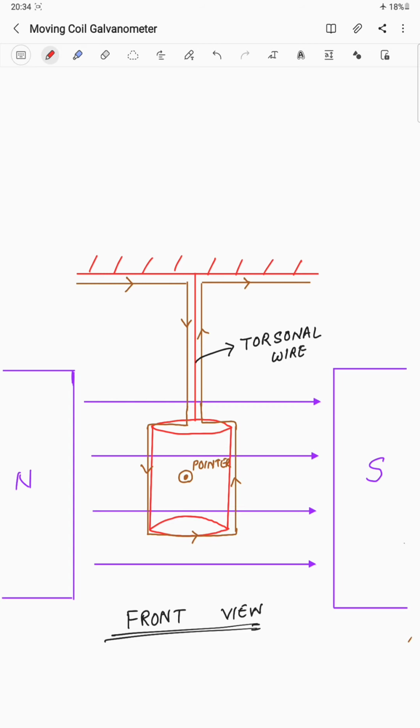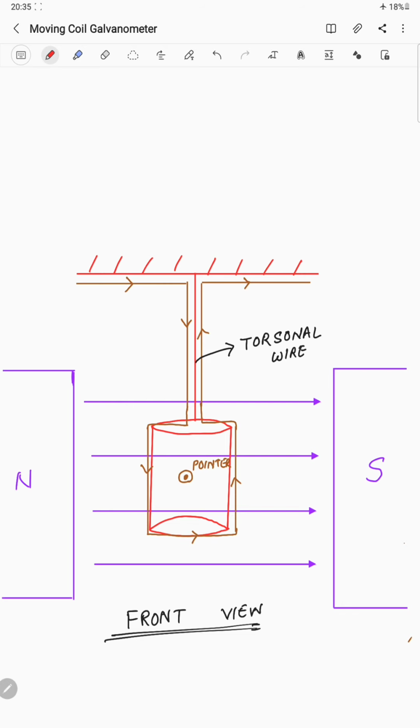These produce the magnetic field, and inside the magnetic field, using a torsional wire, I have suspended a non-conducting cylinder. The red color is the non-conducting cylinder, suspended by a torsional wire. Now around that cylinder, a rectangular coil is wound, and the brown color arrows tell you the direction of the current flowing in the coil.